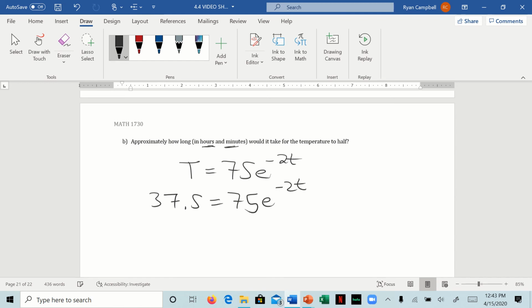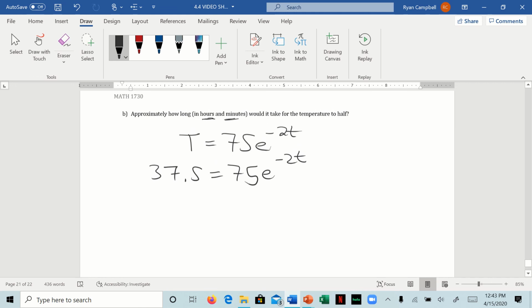So we just need to solve for t. We're going to change it into our logarithmic form, but remember, we're multiplying first, so we have to get rid of that multiplication. Doesn't work if you do that, right? So we divide both sides by 75, and we see e to the negative 2t is just 1/2.